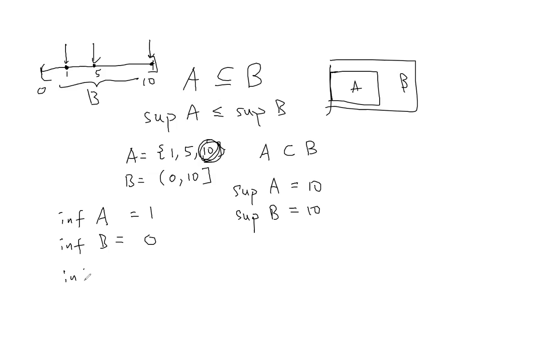So the infimum of A is definitely larger than the infimum of B. Your infimum is the largest among the lower bounds. Since A is inside B, its left end will generally be equal to or to the right of the left end of the larger set. So this holds.